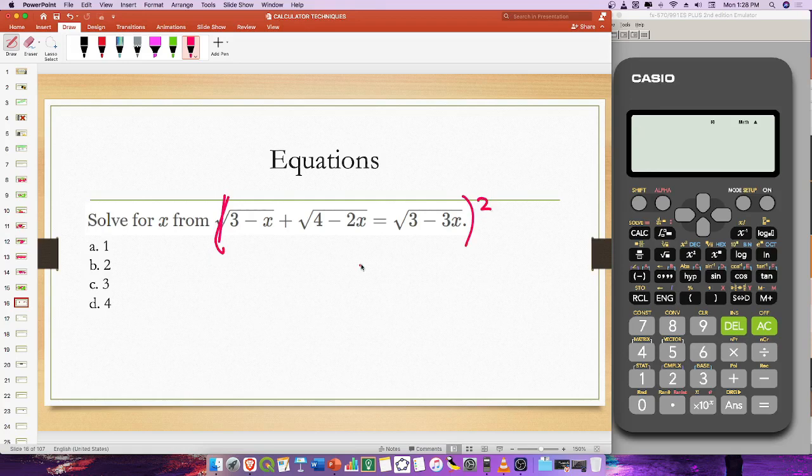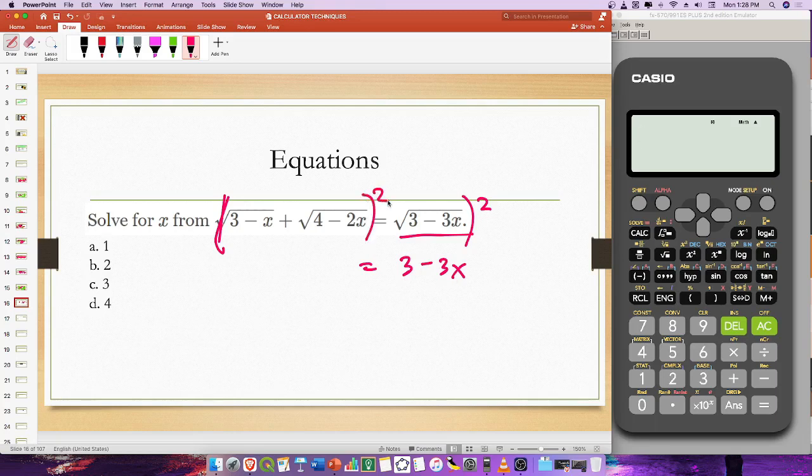So squaring both sides, from this equation, this will become 3 minus 3x. I will just show you how time-consuming this problem is. So this is the square of that term.